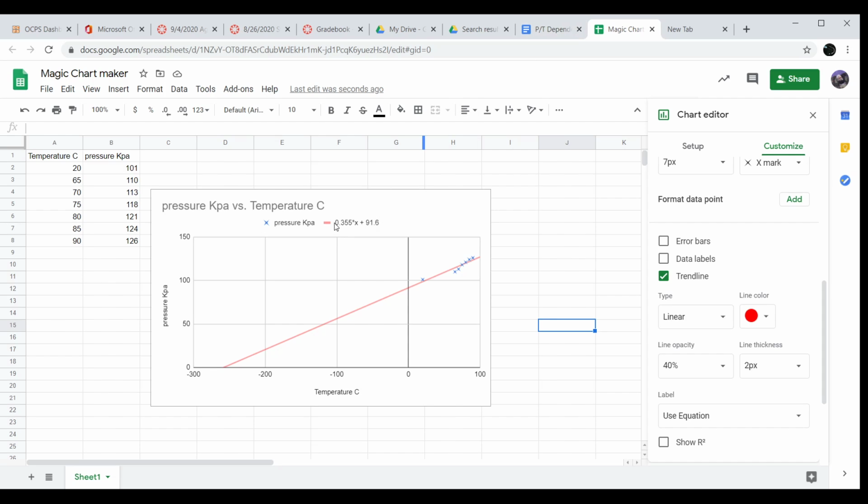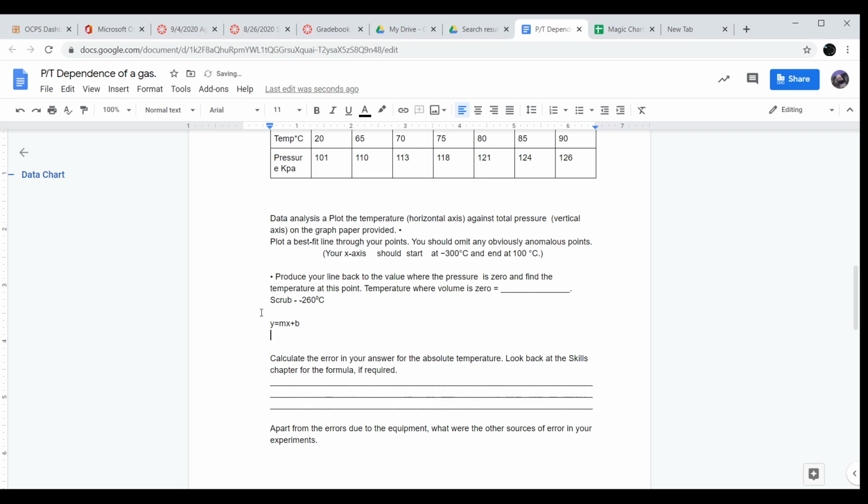So we can take this equation for the line of 0.355 times x plus b, and move to the front and put y equals. Now we have y equals mx plus b.